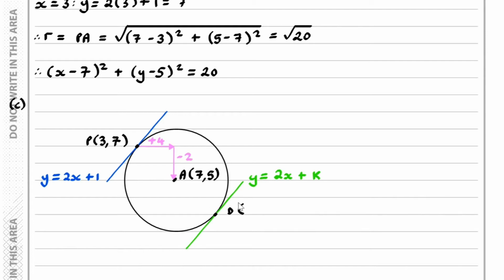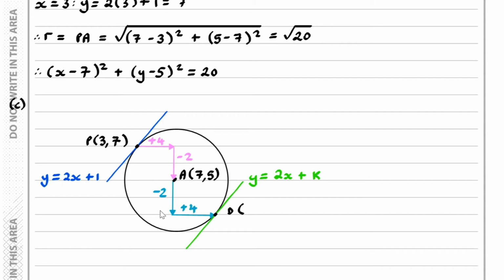And so we'd have to do the same thing in this direction. Here we go down by 2, and then go across by 4.